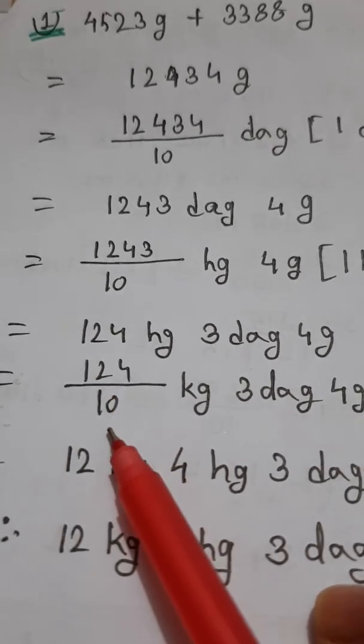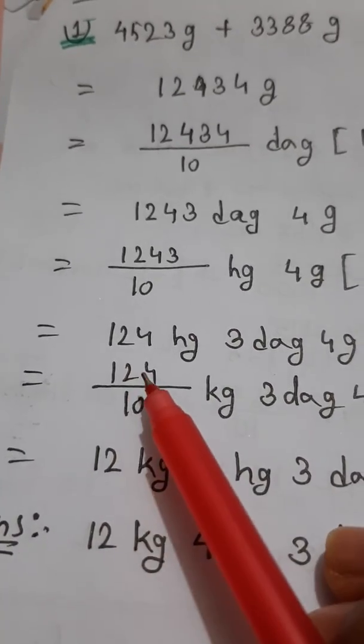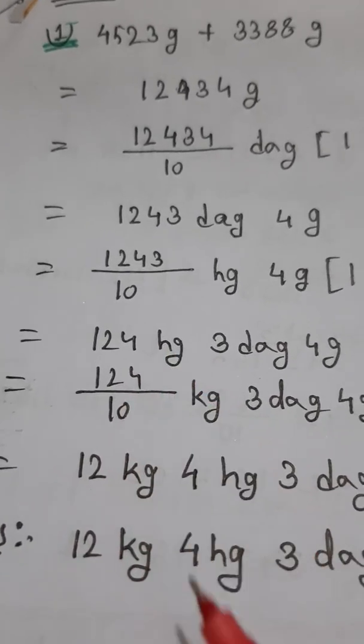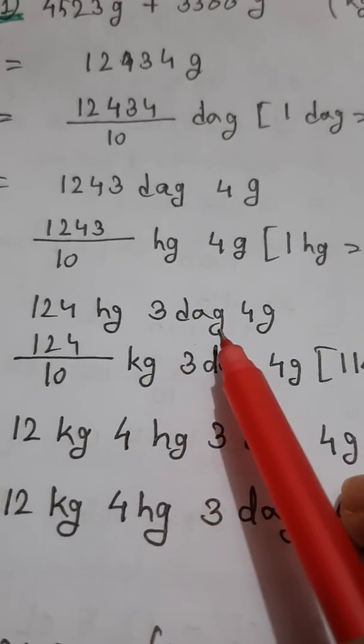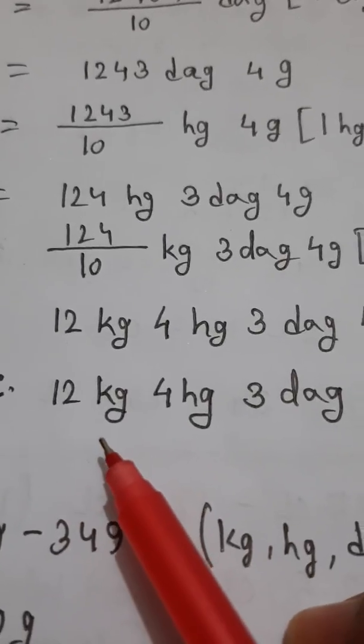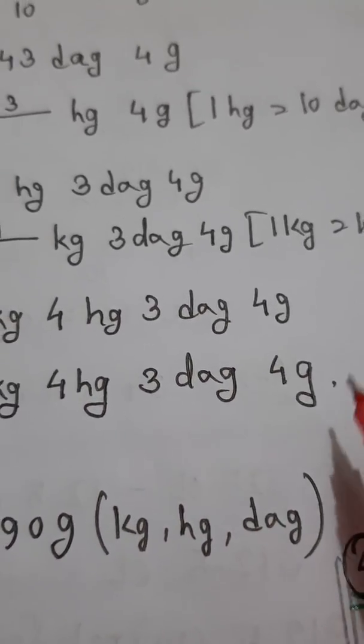So divided by 10, we get the answer 12 kg, 4 hectogram, 3 decagram, 4 gram. The final answer is 12 kg, 4 hectogram, 3 decagram, 4 gram.